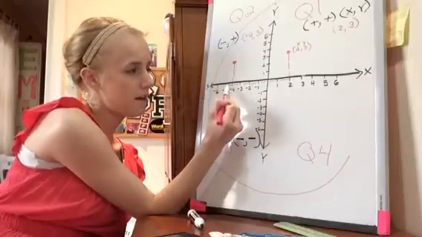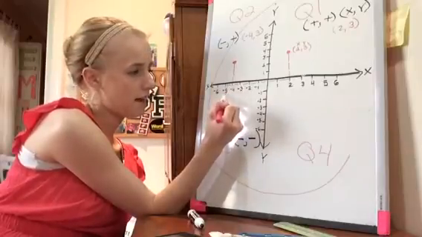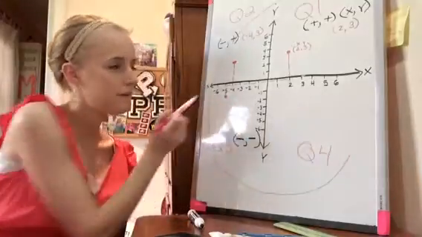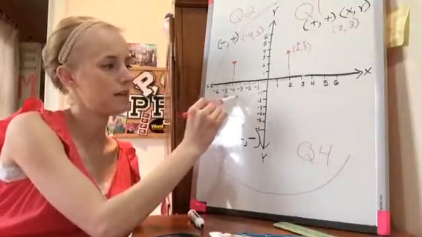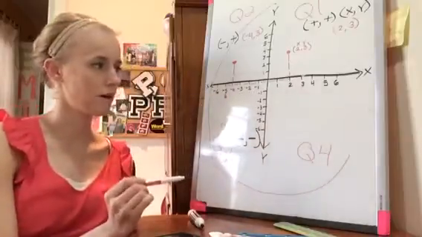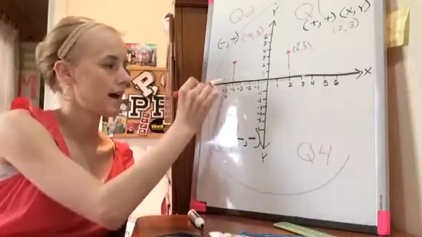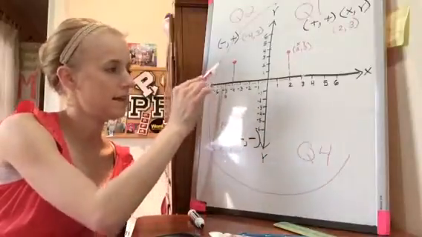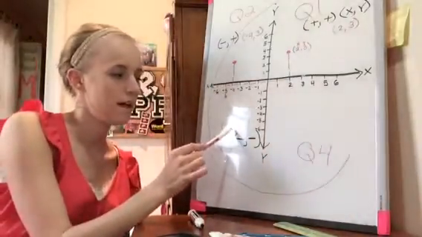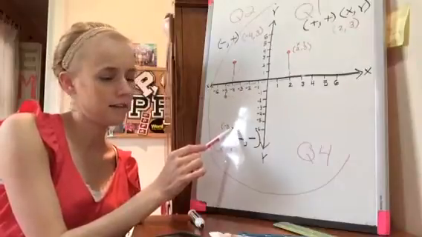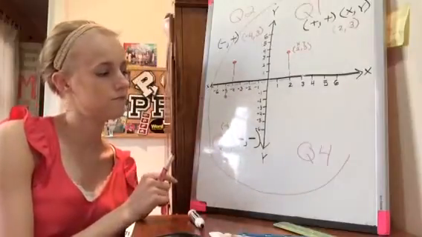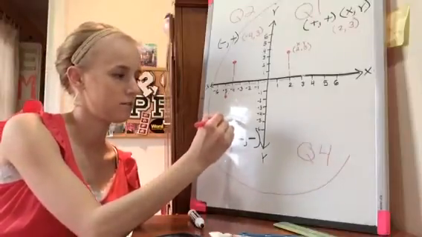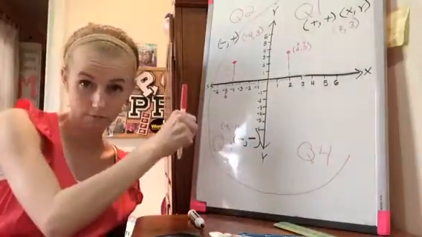Now I'd have to go down 1. So my point would be right about here. It lines up this way with negative 1 and negative 5 on the x. So I went over 5 first, and then down 1. And that's what the negative in front of the 1 in the y's place tells me. It tells me you're going down.